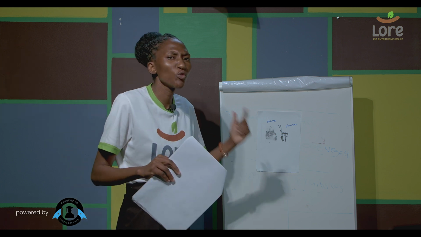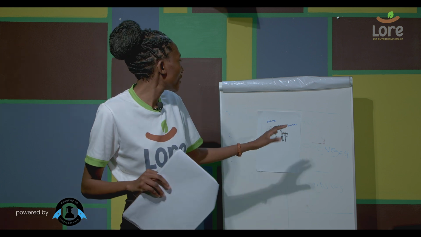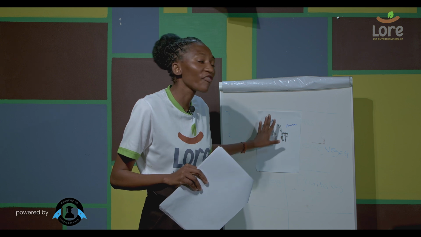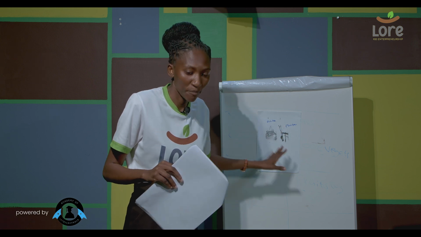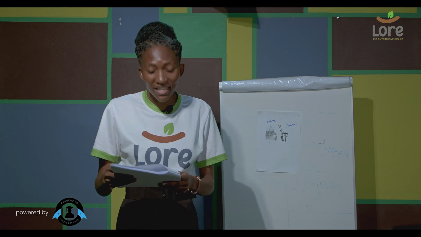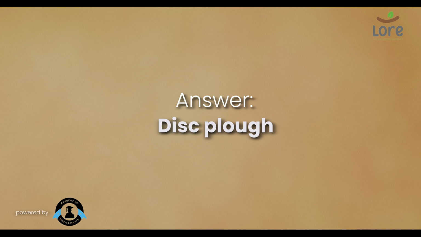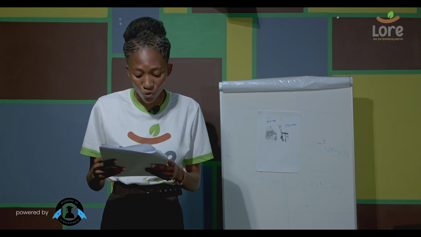And now we are looking for an implement that we can use before using implement R. Our answer is disc plow, because a disc plow is used when breaking up and turning over the soil to prepare it for planting.